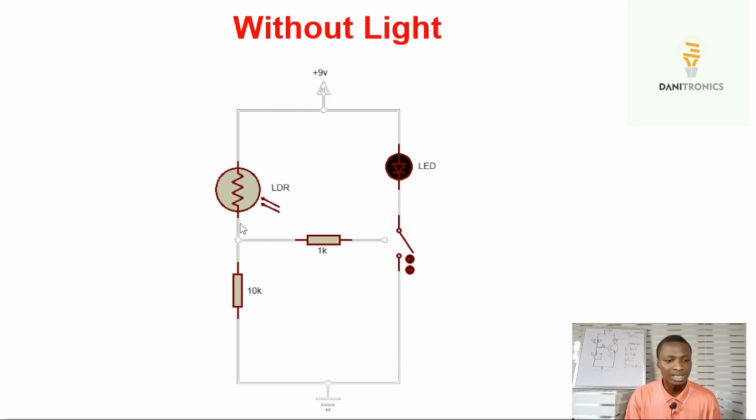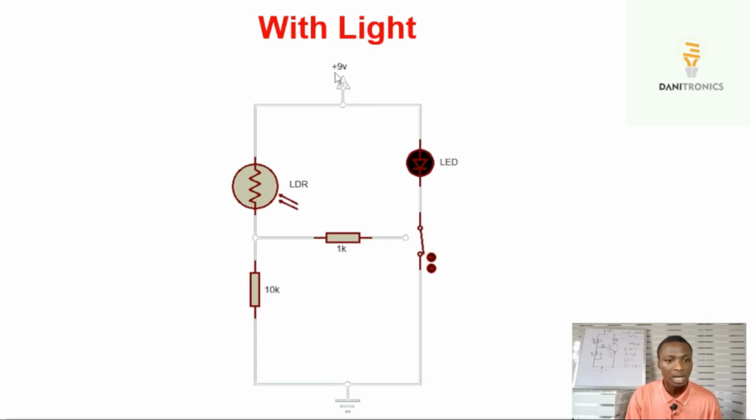And so because of this, there will be a voltage here at this point greater than 0.7. When a voltage greater than 0.7 is seen across the base and the emitter of a transistor, it allows current to flow into the base, and when current flows, the switch closes.